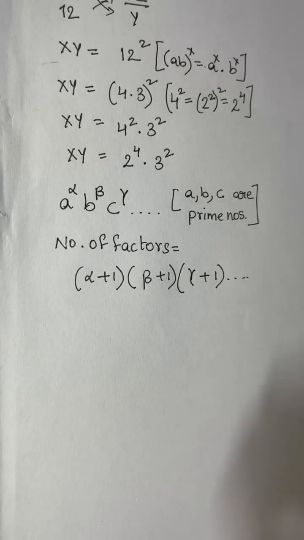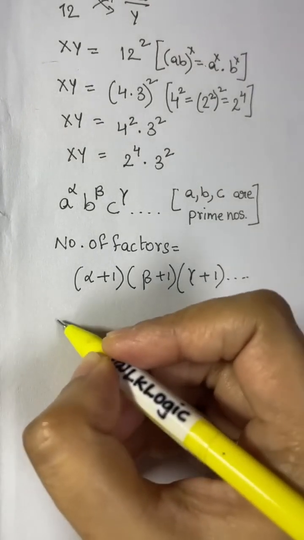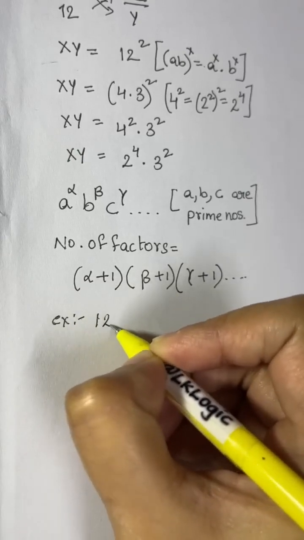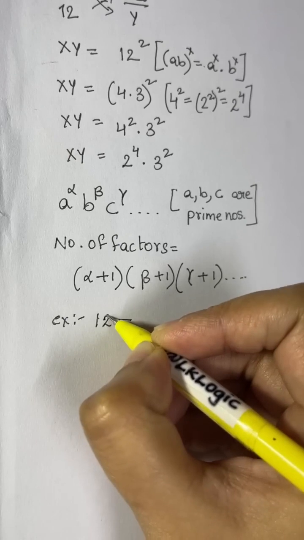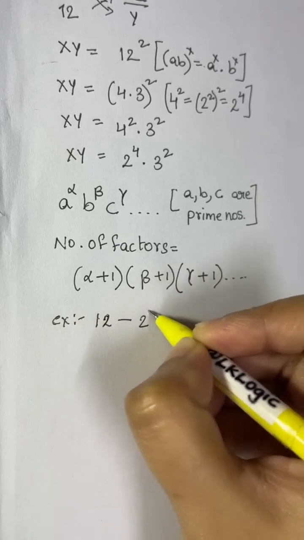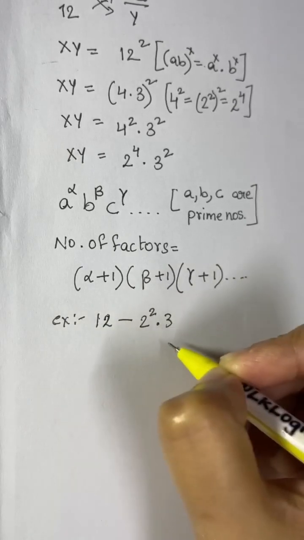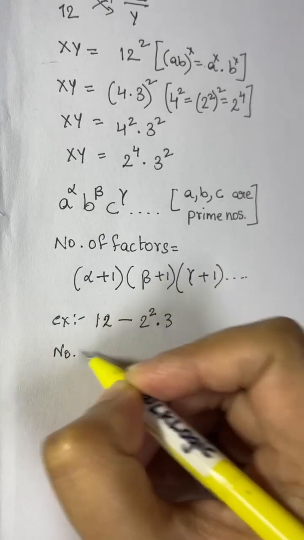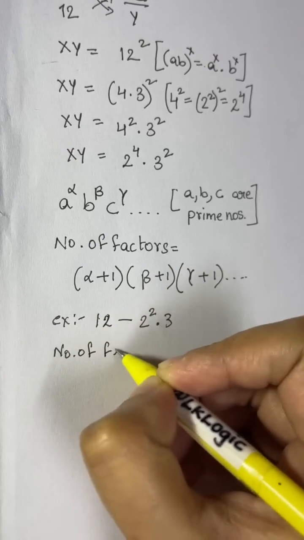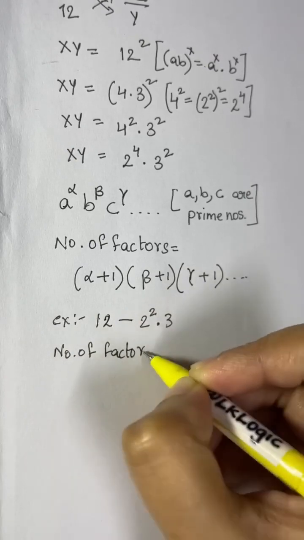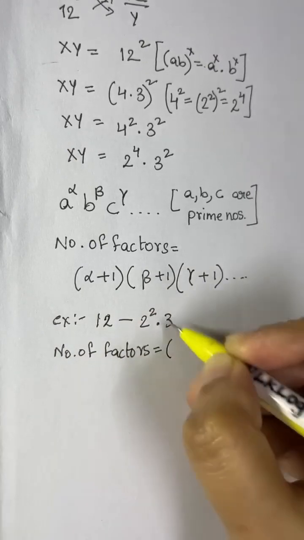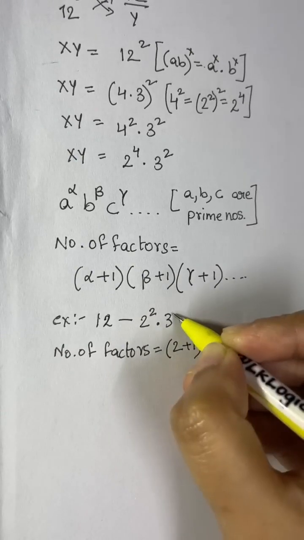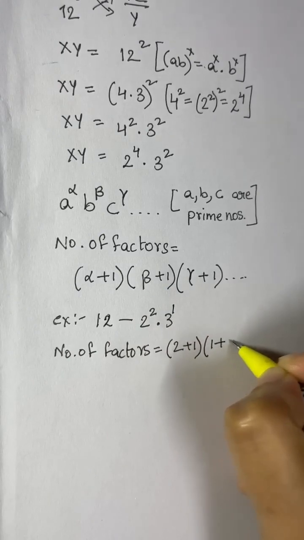Alright, so if you remember this, you can easily find the factors. Let's take an example. If I'm taking 12, what are the factors of 12? That's 2 squared times 3. I'm going to apply it. The number of factors for this is equal to, what's the exponent? 2 plus 1, times, what's the exponent? 1, so 1 plus 1.